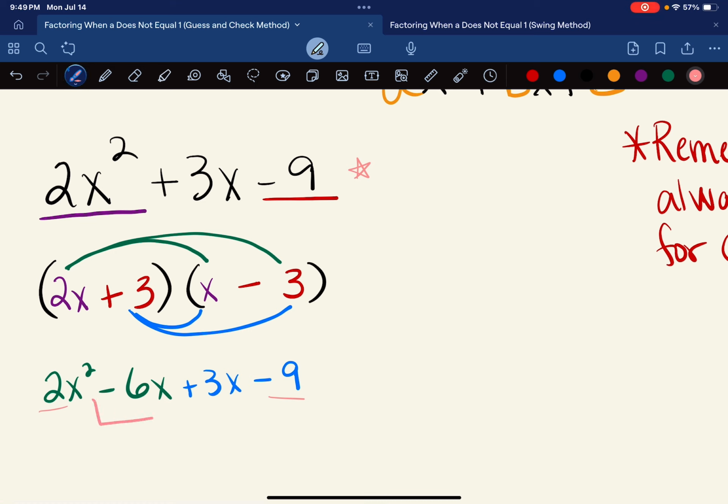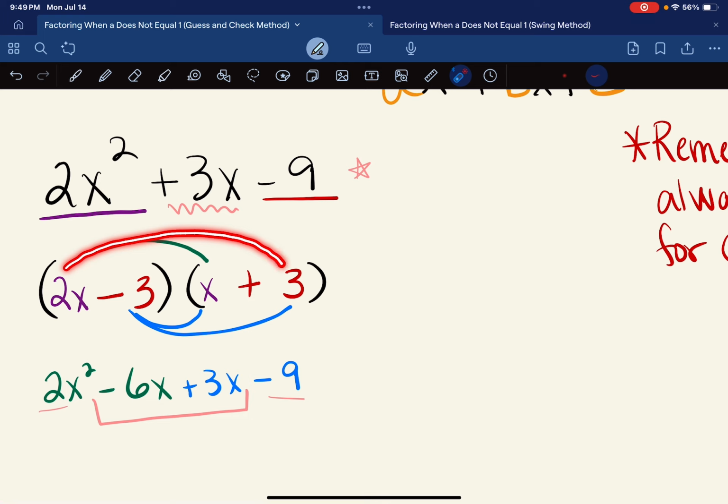But when I combine my like terms right here, I get a minus 3x when I wanted a positive 3x. So that just means I need to switch my signs. Instead of having a plus first and then a minus, I need to start with a minus and then a plus. And now when we multiply this 2x times 3, we get our plus 6x.